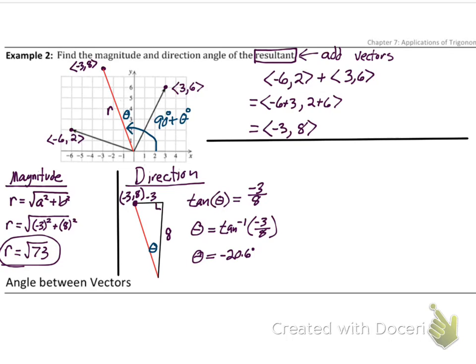This cannot be negative. You're just going to turn it into a positive, because it doesn't make sense to subtract it away. So like Chris said, we just have to add it. We have to be aware that this is bigger than 90, so I need to add. So what they're doing right here with negative 20.6 is this angle, going from here to here. I want to get from here to here. So you've got to be smarter than your calculation. So this needs to be positive.